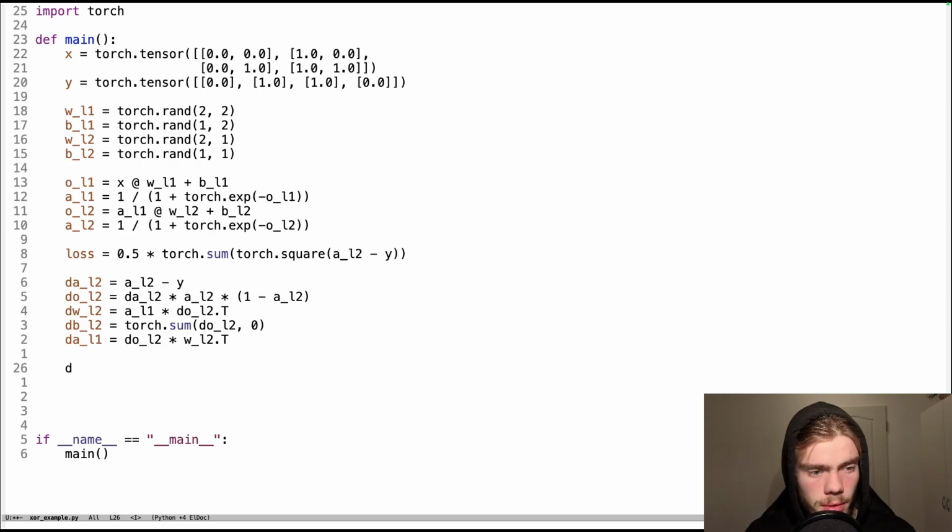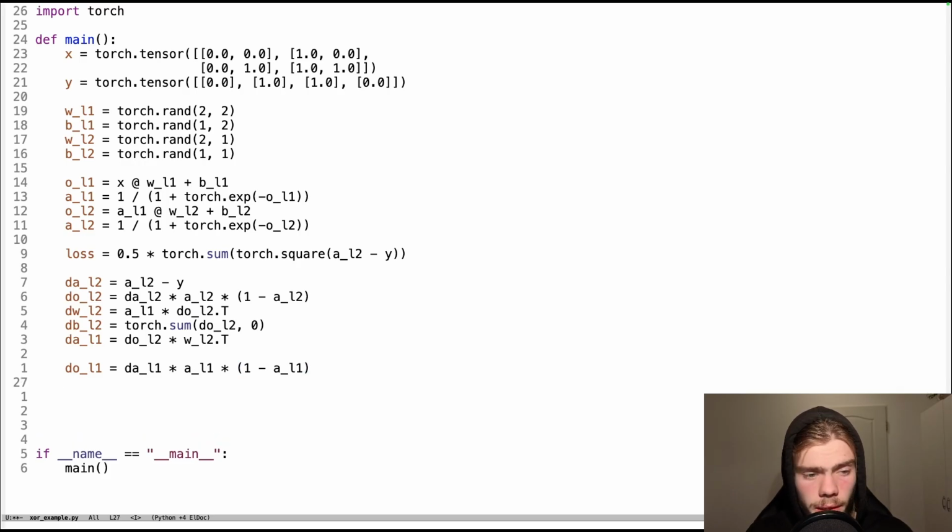So we know that the derivative of the loss with respect to the output of layer 1 is now defined. We previously defined it here, but now we use the derivative of the loss with respect to the activation of layer 1 multiplied with the activation of layer 1 multiplied with 1 minus the activation of layer 1. It's basically the same thing as in the second layer.